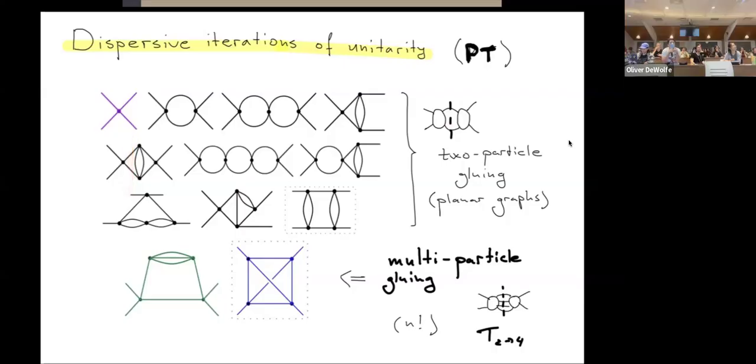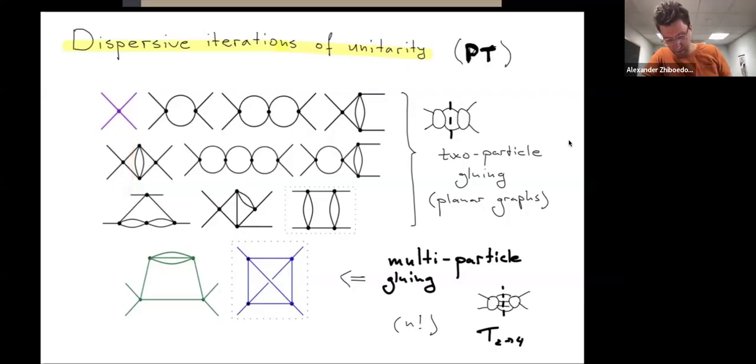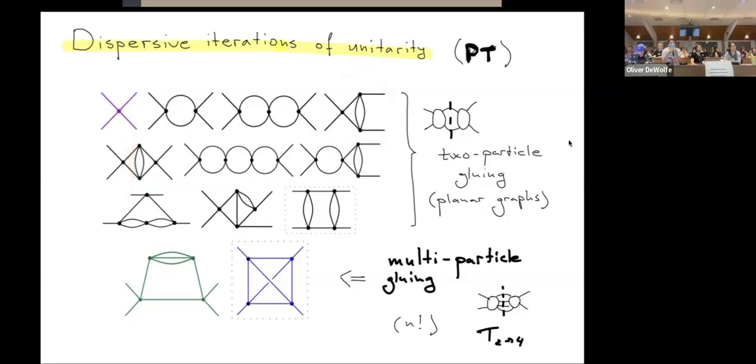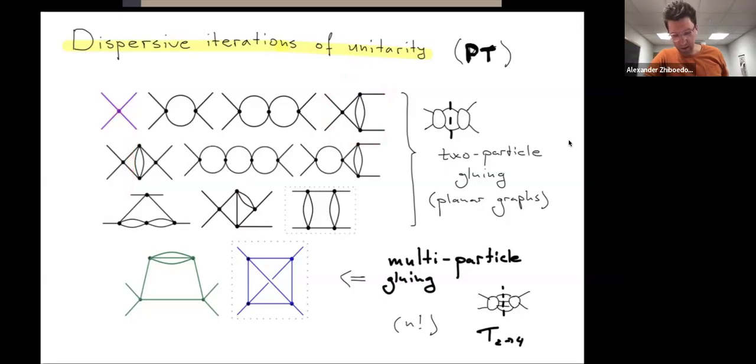No, exactly. You see, so how do you glue that? You take this diagram, say, and you just glue it to this. So if I cut it here, I can construct it by 2-particle gluing of the diagrams which I obtained in the first row. I'm not saying that you cannot find a cut which is a 4-particle cut, which is this.